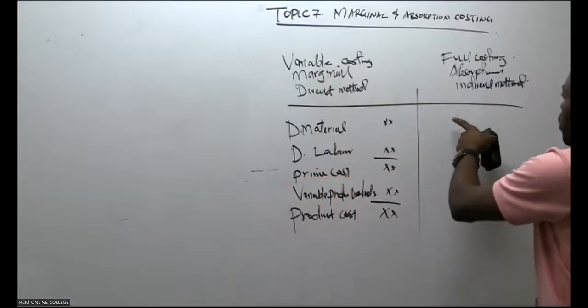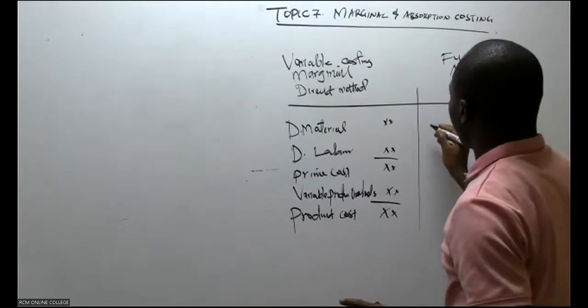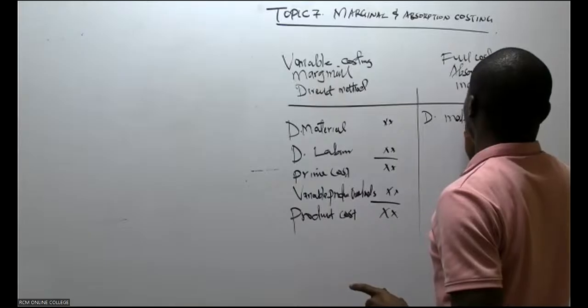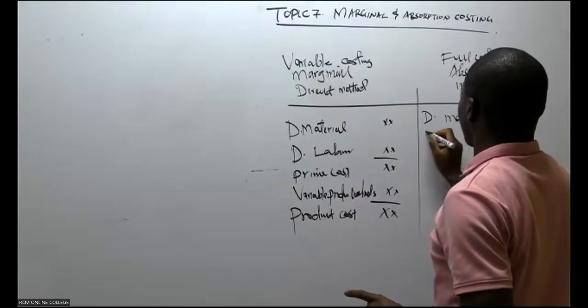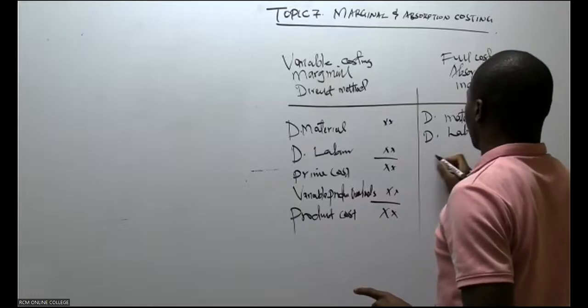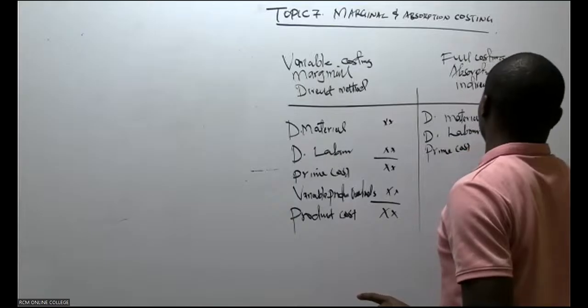When we come to absorption, full costing or the indirect method, we get to the prime cost: direct material, direct labor, then our prime cost.